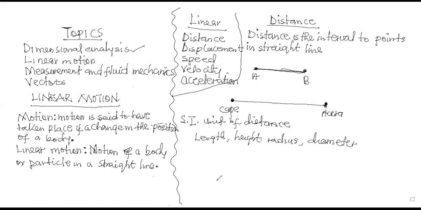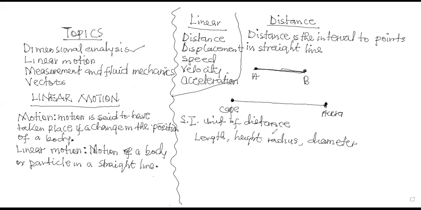The length of a book is a distance between maybe the vertices or the ends of the book. Your height is a distance from your toe to your skull. Radius of a circle is a distance. Diameter of a circle is also a distance. So understand the fact that a distance can be long and can equally be short. Is that okay?